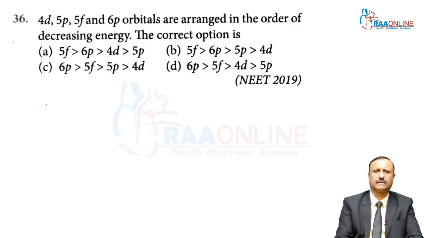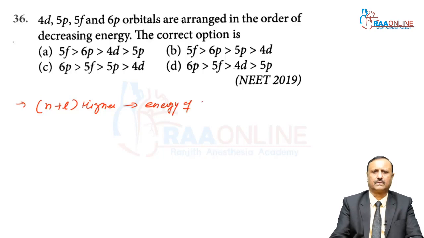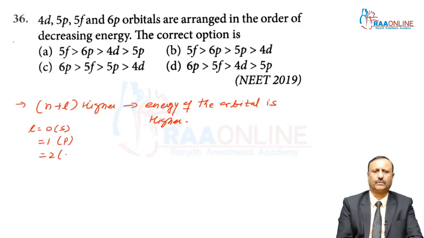My dear students, you can go to the n plus l values. The orbital with the higher n plus l value has higher energy. The l value is 0 for s orbital, 1 for p, 2 for d and 3 for f.